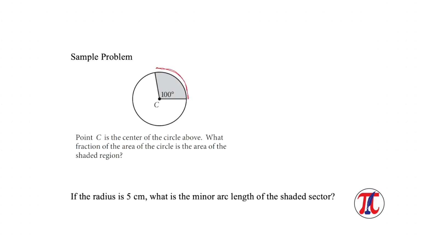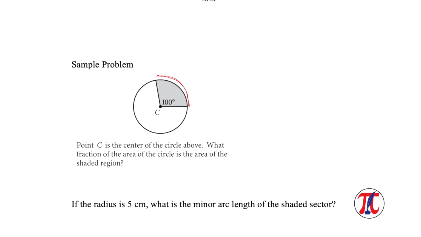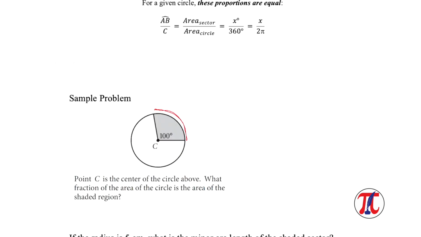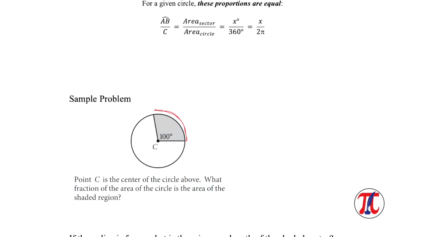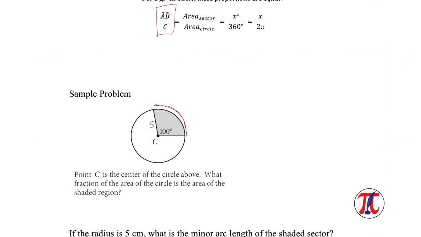So we're looking for that arc length. Based on these proportions up here, arc length is a portion of the circumference. Given that the radius is 5 centimeters, the radius helps us get the circumference.